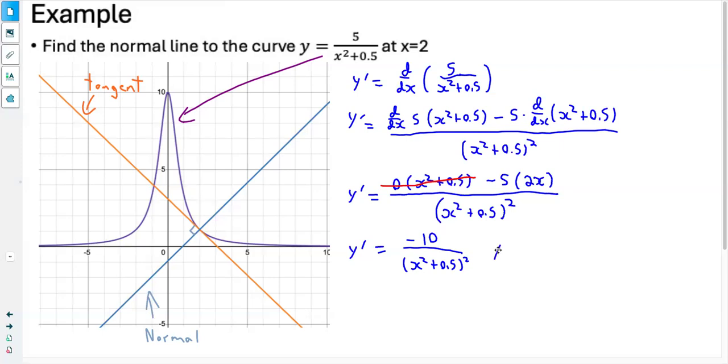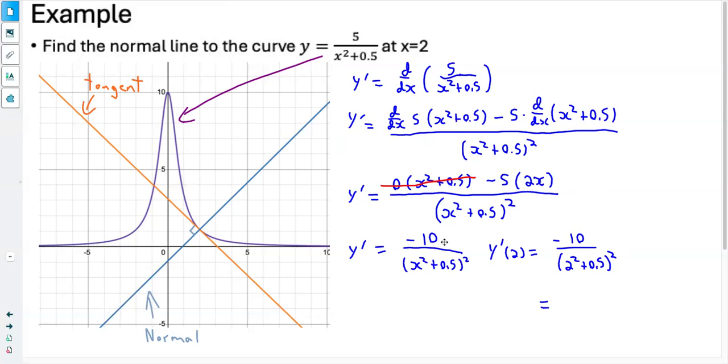Okay, so if we want to find y prime of, or our slope of y at 2, that's y prime of 2, which would be negative 10 over 2 squared plus 0.5 squared. Or sorry, I forgot an x when I copied this down here.